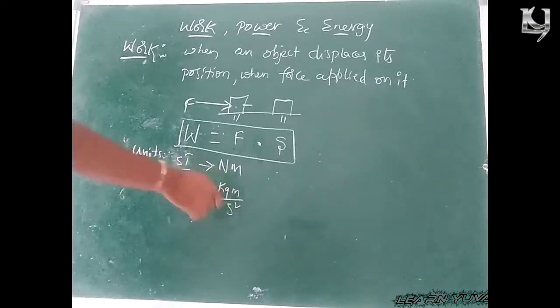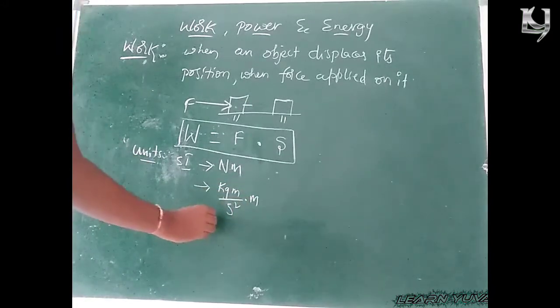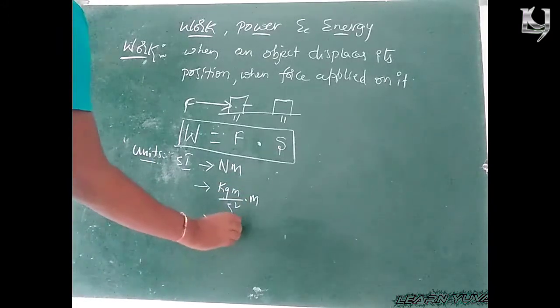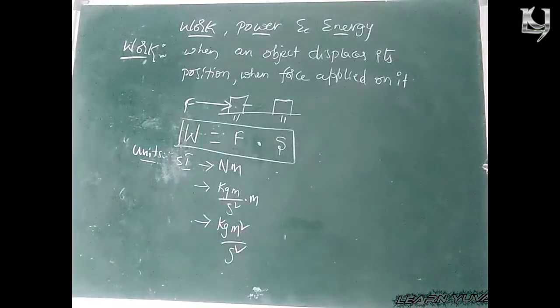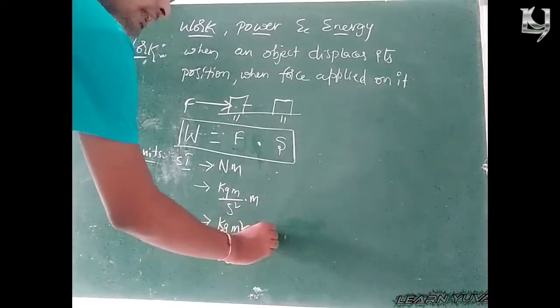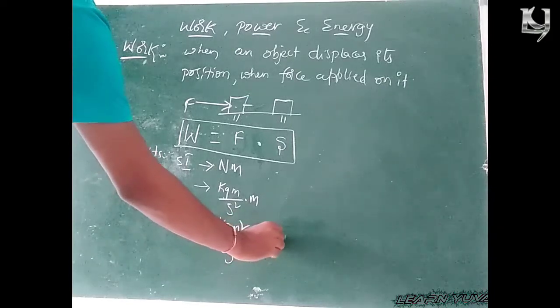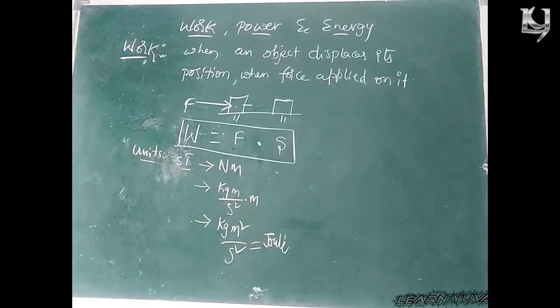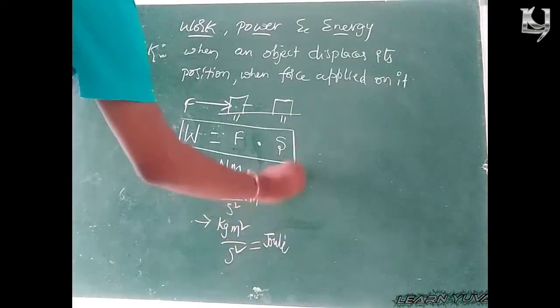So kg meter per second square into length meter is kg meter square by second square. This kg meter square by second square is nothing but what we call a joule.